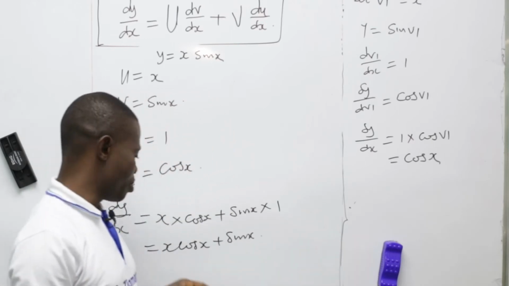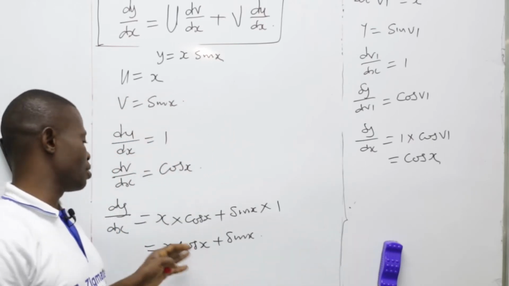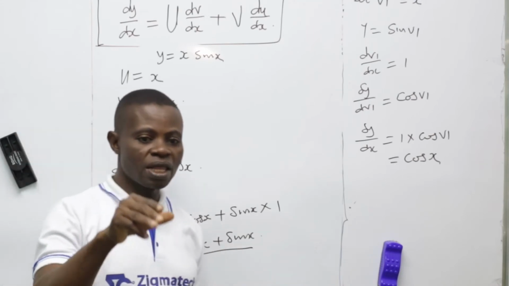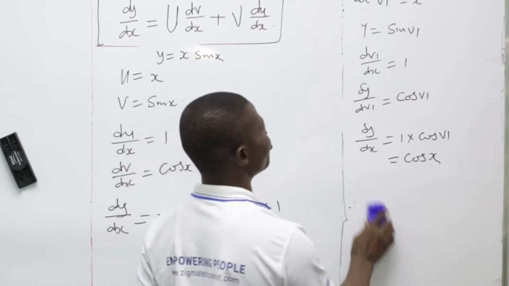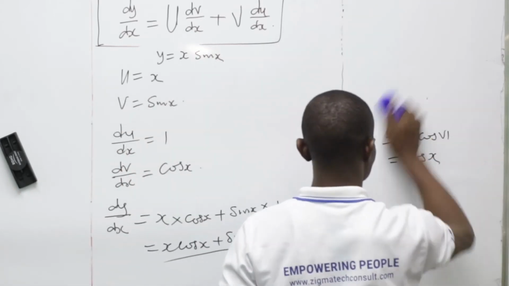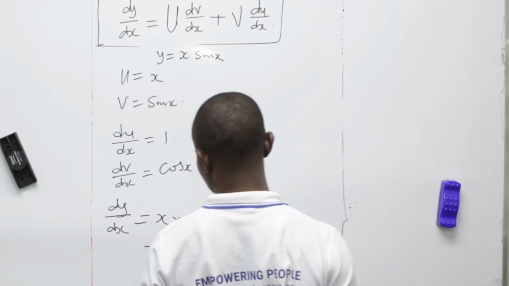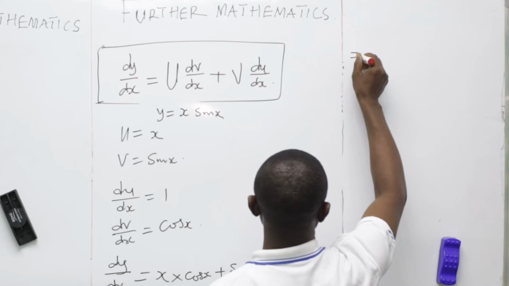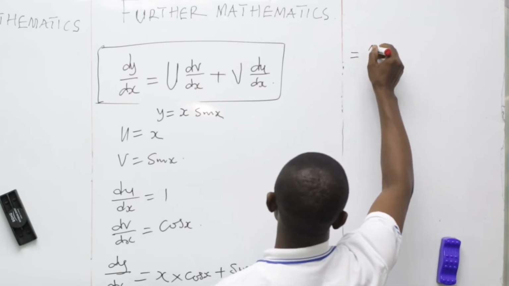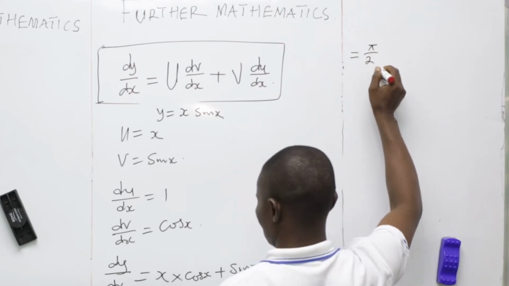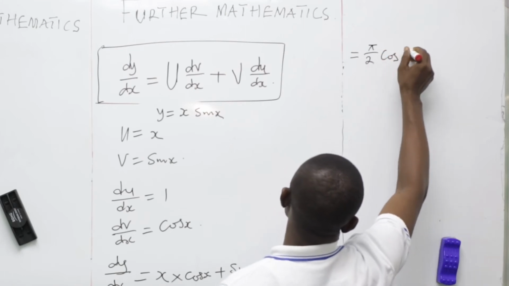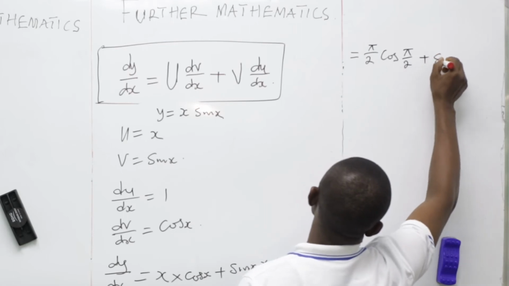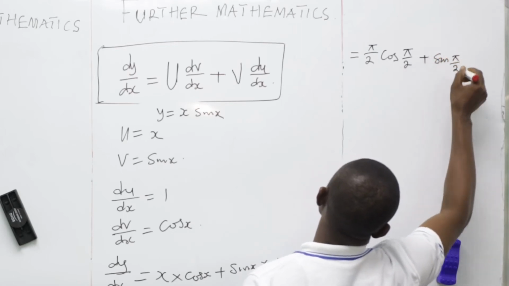This is not all, but if a value were not assigned to x, it means this is the final answer. But now they said when x equals what? Pi over 2. If x is pi over 2, this simply implies that our solution is pi over 2 cos pi over 2 plus sine pi over 2.